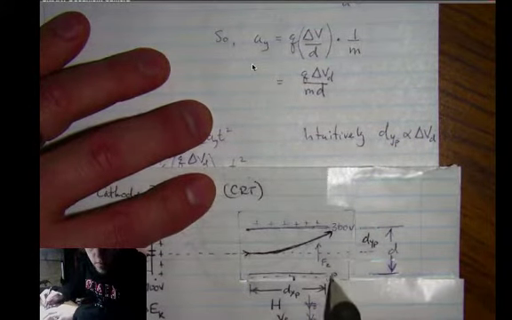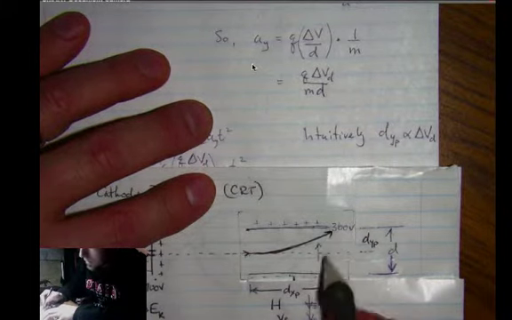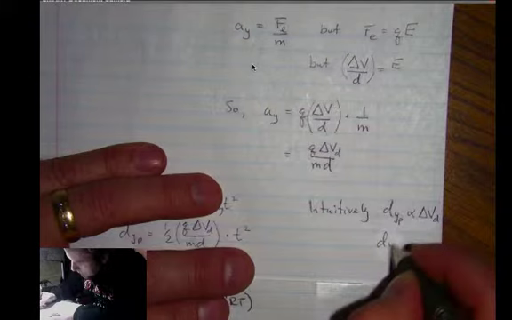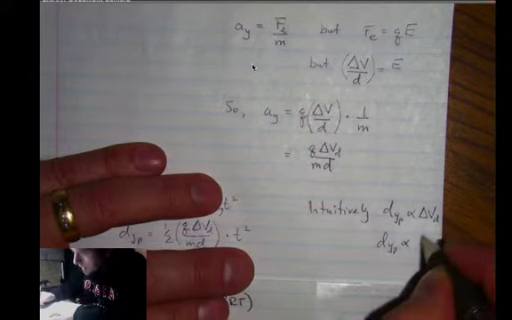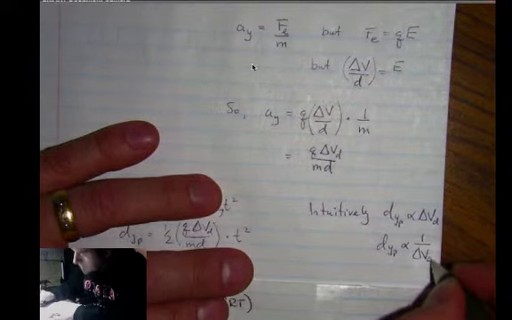That means that as this voltage here goes up, that deflection will increase because the force will be larger and we'll be causing more of an acceleration in that direction, as indicated by this equation right here. We can also intuitively conclude that dy is proportional to the inverse of the accelerating voltage, meaning that as the accelerating voltage increases, dy goes down.